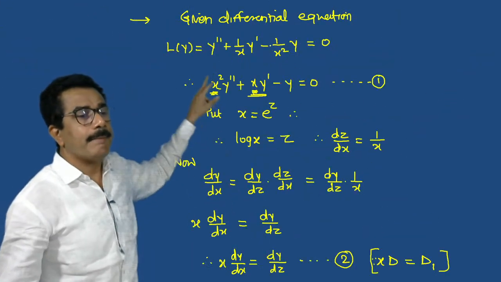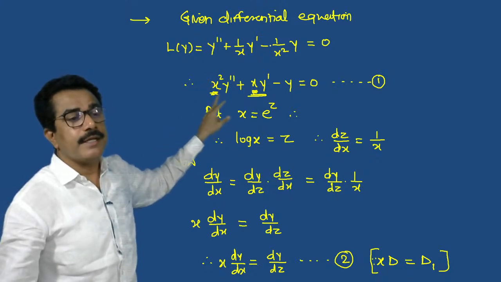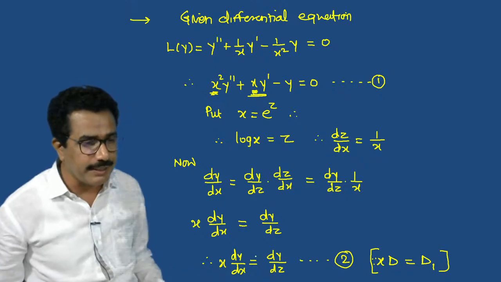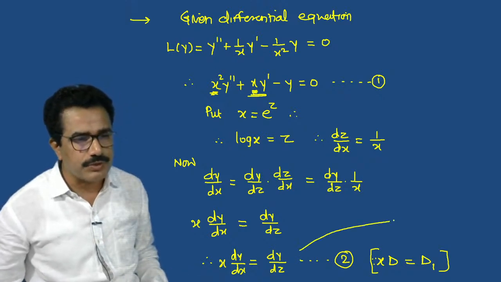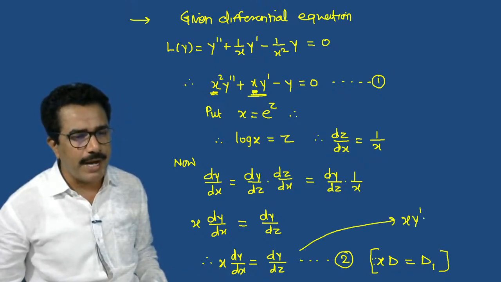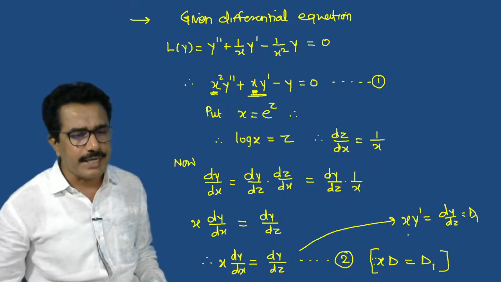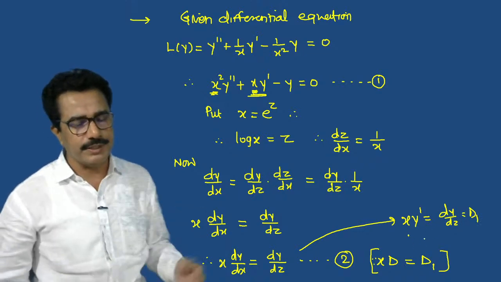Again plus, second, x into y dash. Here this can be written as, we can write this as, see this, x into y dash which is equal to dy by dz, which is d1, means x into d1 is equal to this, in this way.